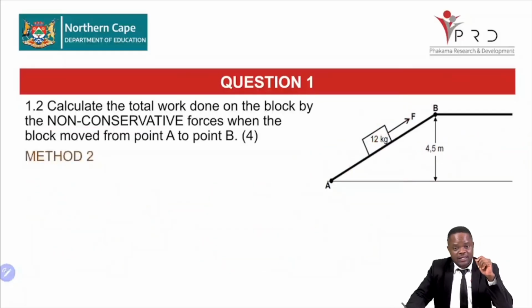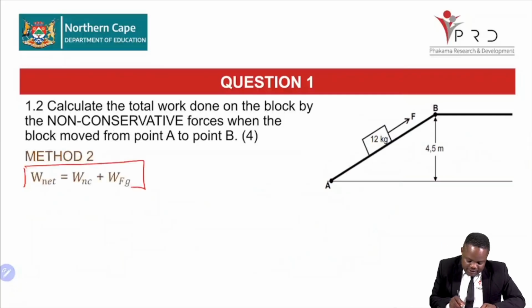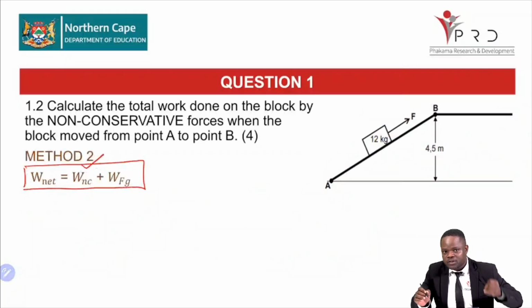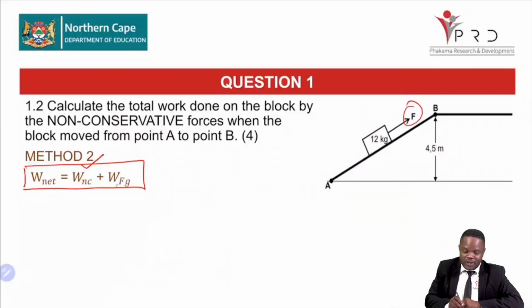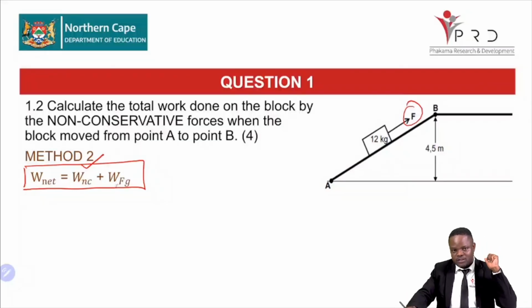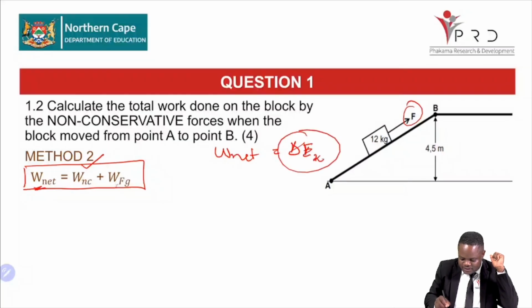This is going to take us to that our work net is the sum of the work done by the non-conservative forces, which is the applied force and the frictional force. We know these are the non-conservative forces, right? Plus the work done by the weight, which we just calculated previously. Remember grade 12, work net is equal to change in what? In kinetic energy, right?